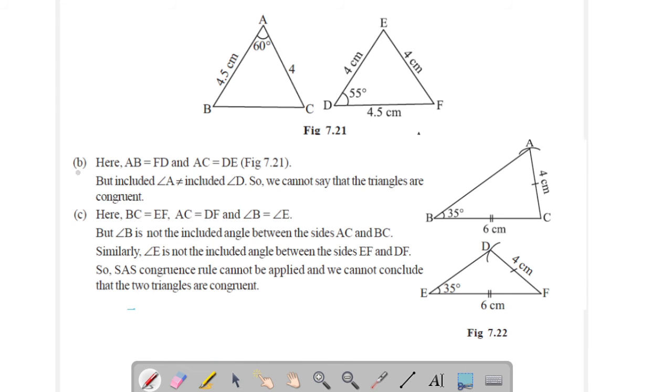Now come to B part. Here in triangles ABC and DEF, here AB equal to FD. AB, that is this side, equal to FD. Why? Because both are of the same length, that is 4.5 centimeter, and AC equal to DE, that is this side, it is equivalent to DE, that is this side.